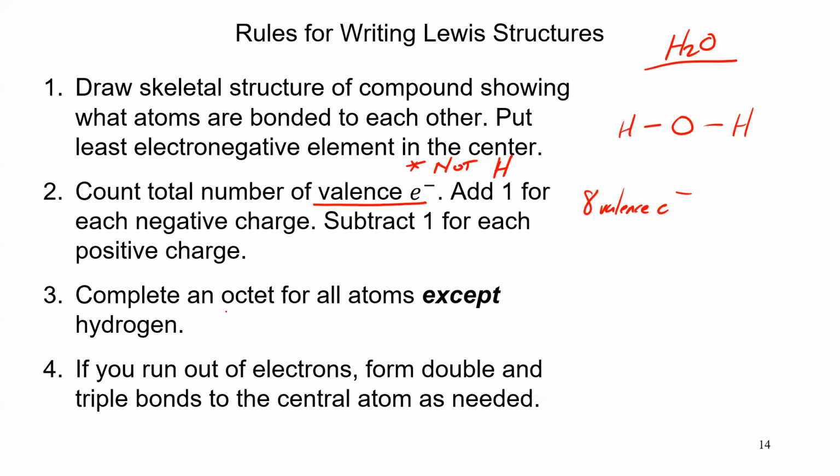We're going to complete an octet for all atoms except hydrogen. For those of you who are musicians, maybe this is an easy one for you. Maybe this is 8 electrons. We talked a little bit when we did our Lewis structures on Friday, how every element that we had dealt with, except hydrogen, wants to have 8 electrons around it.